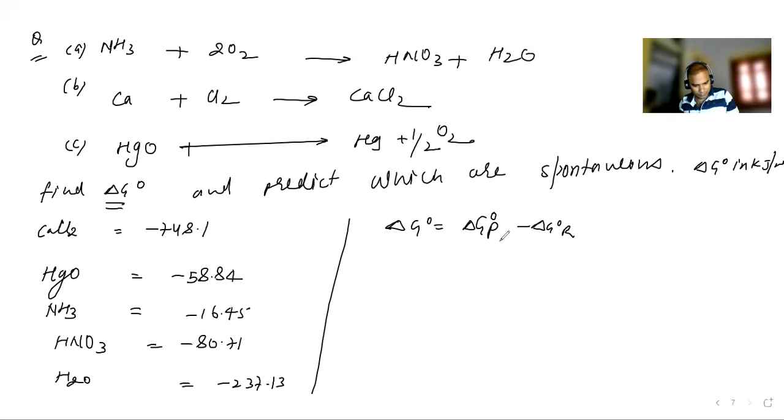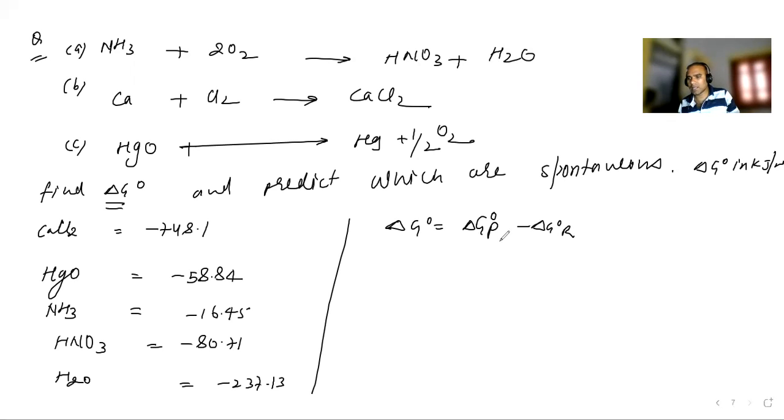So it's negative 80.71 plus negative 237.13 plus NH3, which is negative 16.4. So the answer for the first one will be negative 334.29, and it is spontaneous.